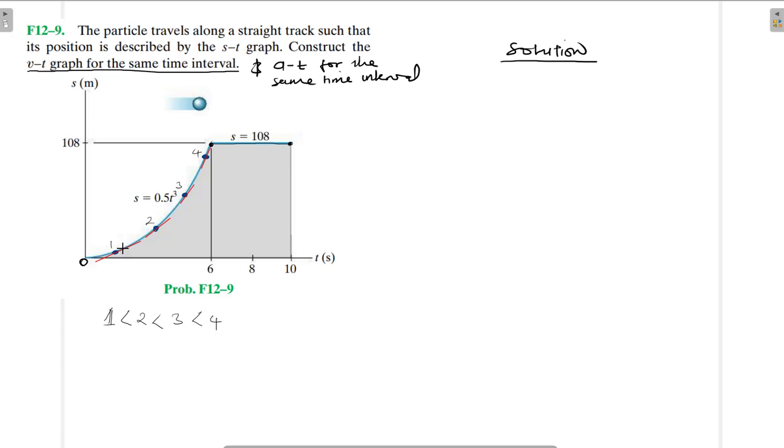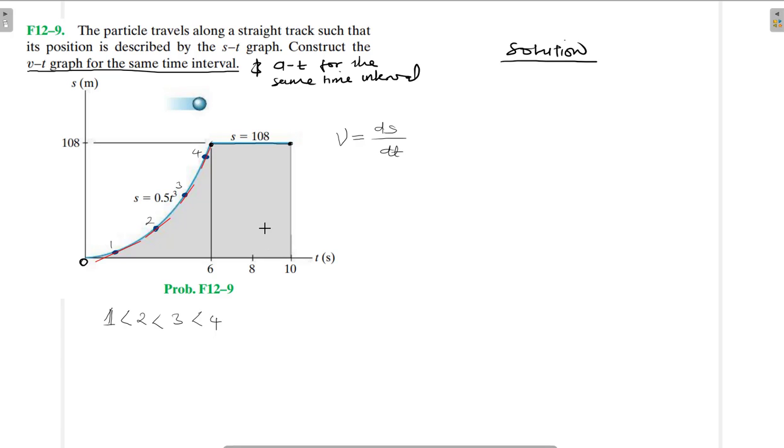These slopes that I was just drawing, at 1, 2, 3 and 4, denote the velocity, because we know that the slope of the position-time graph gives us the velocity. Velocity is equal to ds/dt.